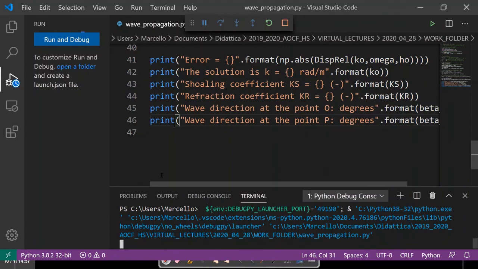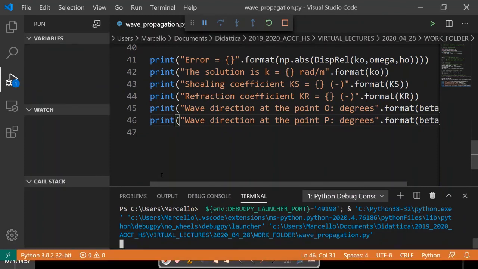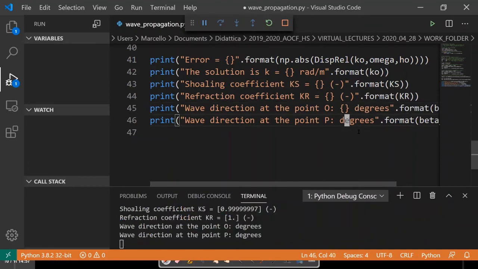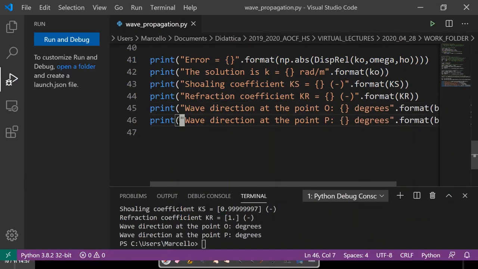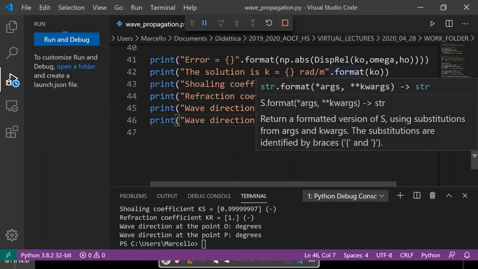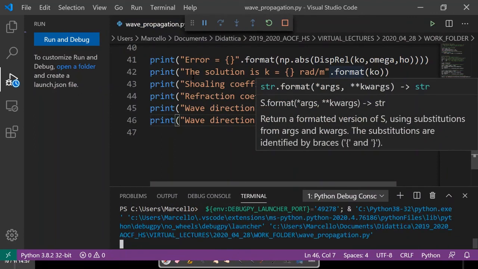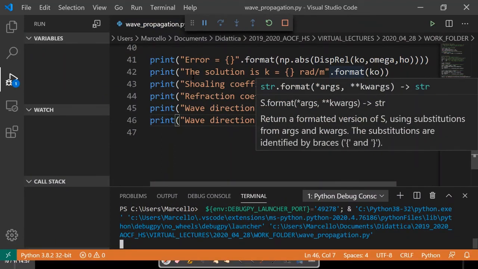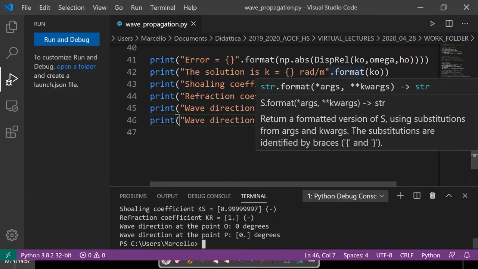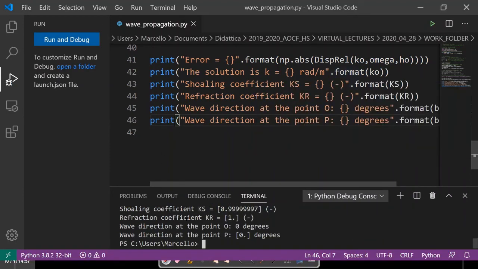Indeed, the offshore angle is equal to 0. Then, oh sorry, I forgot something here. Then the wave angle offshore is 0, and of course the wave angle at the point P is 0.